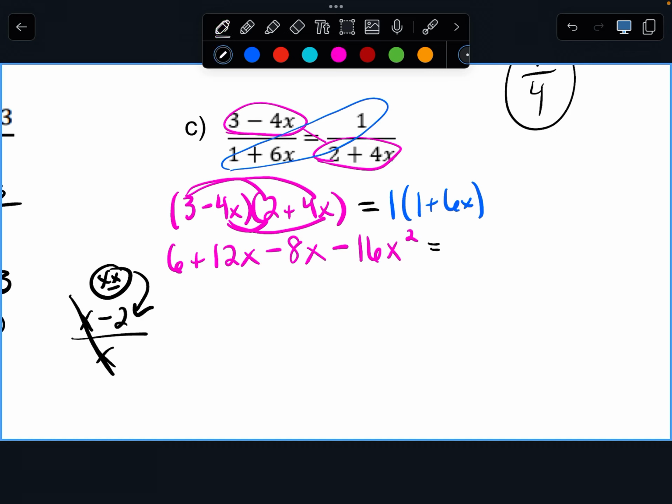Okay. And then this is just times 1. That was kind of a waste of time. Oh, and then you're like, oh my gosh, this is the best, because it's a quadratic. Woo! You see it? X squared and an x. Oh, I can't wait. This is going to be so nostalgic and fun.